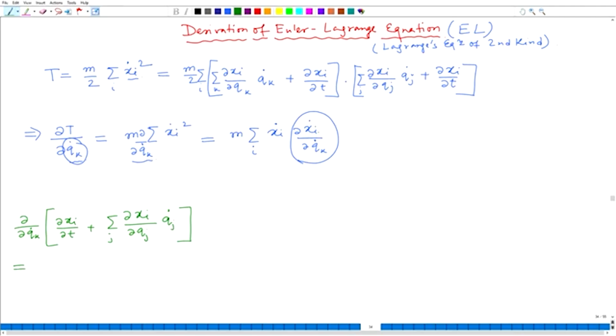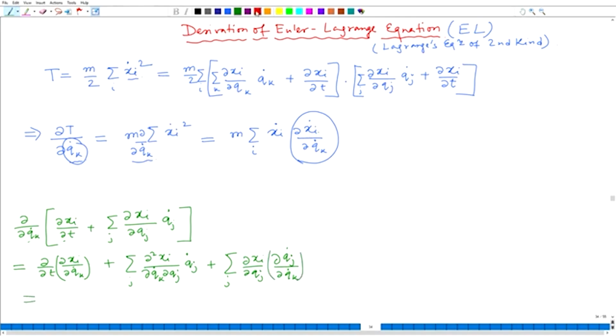You will see that these two commute. So, it will have del del t of del xi del qk dot, and then two terms: the summation over j of del 2 xi del qk dot del qj times qj dot, plus the summation over j of del xi del qj times del qj dot del qk dot.